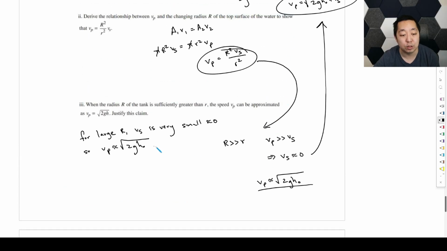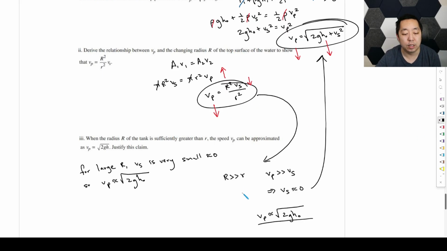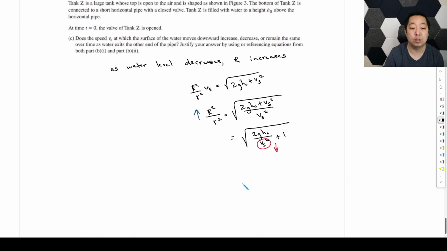If vp goes down, then as R increases, vs has to go down also. So hopefully you kind of see that. As h0 goes down, the vp goes down, and as vp goes down and R increases, then the vs also has to go down. That's the other line of reasoning you could use.